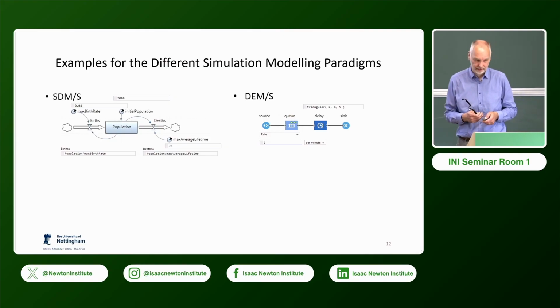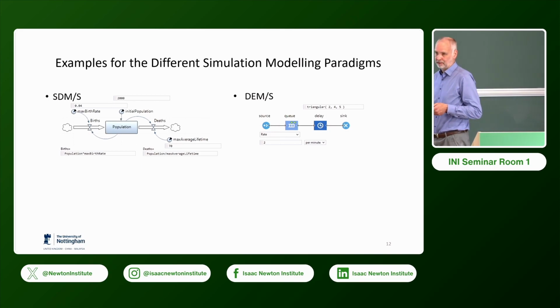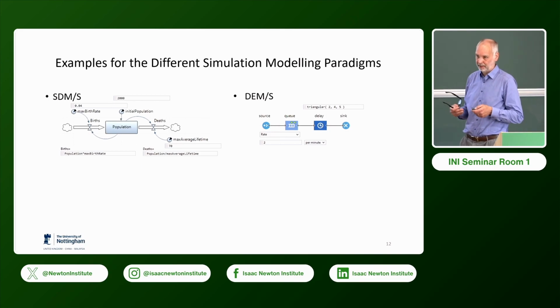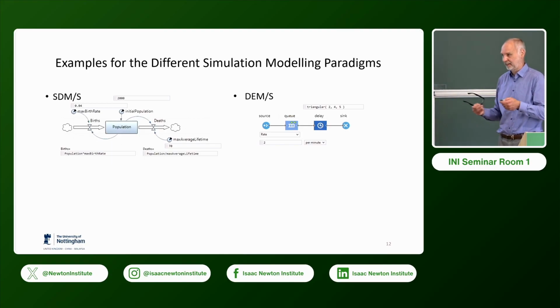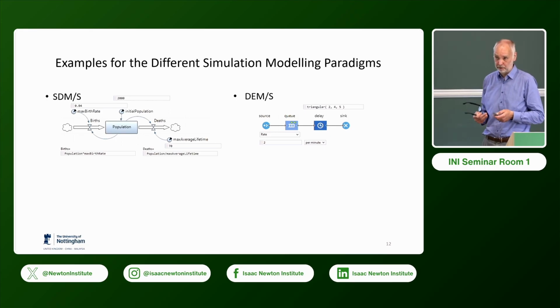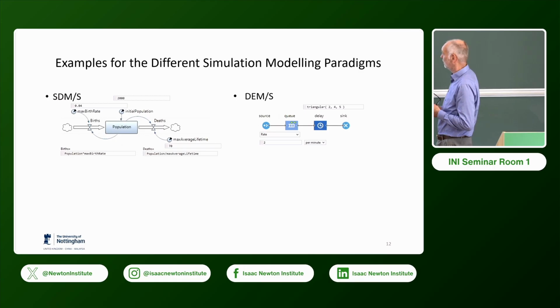Next thing you might not be familiar with is discrete event simulation, where we actually model something like queues. So if you think about a shop where you have to queue and you have some service desks there, how many service desks should you open? If you want to answer this, you can use these kind of models.